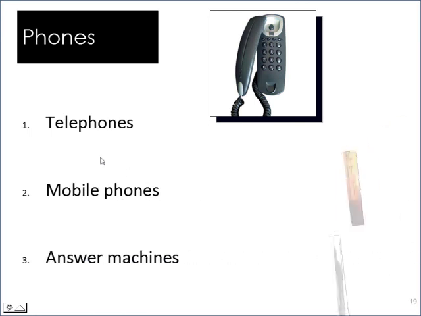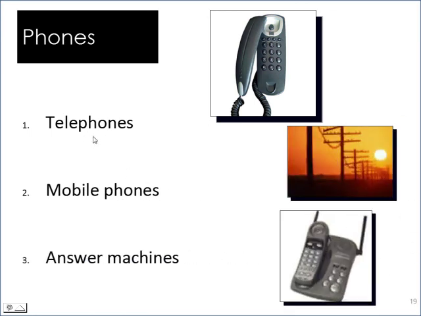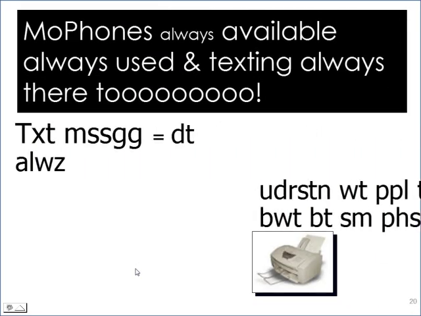Phones. Telephones. Trouble is, when you're on the telephone you can't actually see somebody. What about mobile phones? You sometimes hear too much breathing on the mobile phones, don't you? Answer machines. Awful. People don't really know what to say on answer machines. Okay.